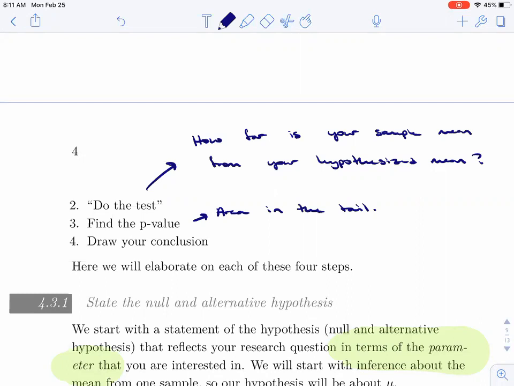So there are only two options, z's and t's, at least for this course. Once you have your z-score, you're going to find the p-value. Even though we haven't called it a p-value before, the p-value is just the area in the tail, which you know how to do. We'll talk about what the p-value is, but it's typically just the area in the tail.